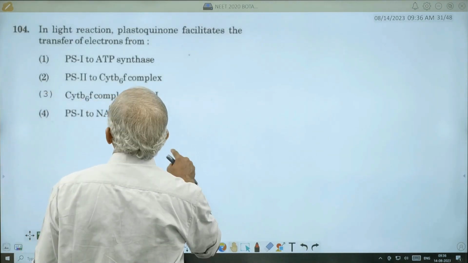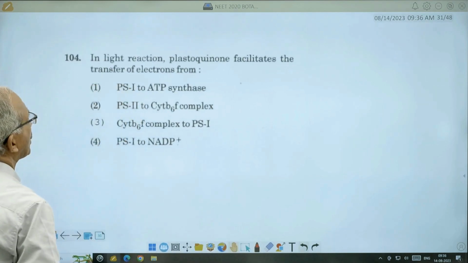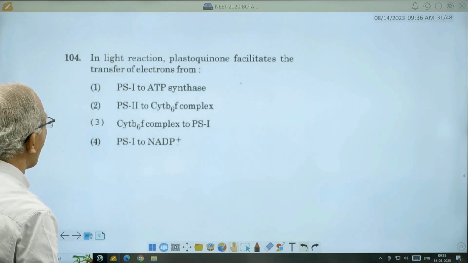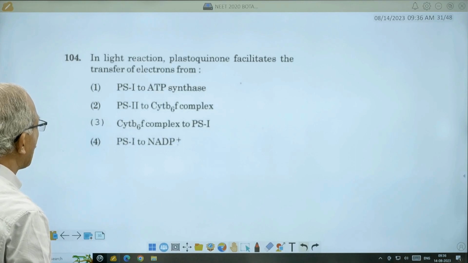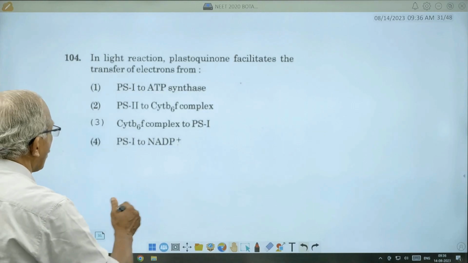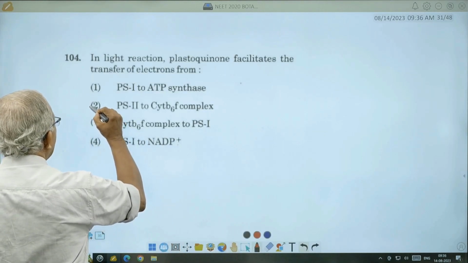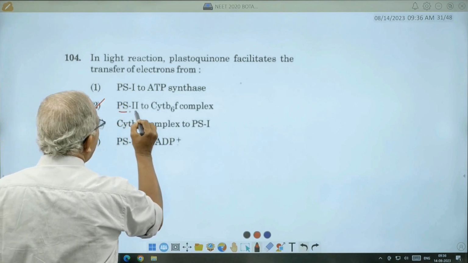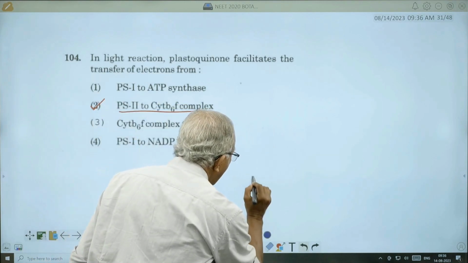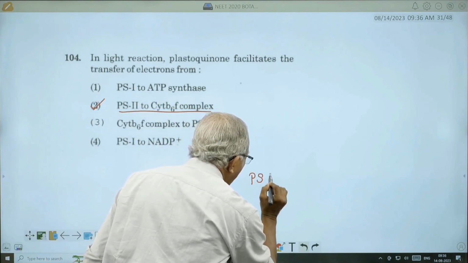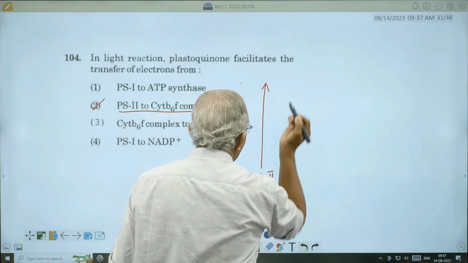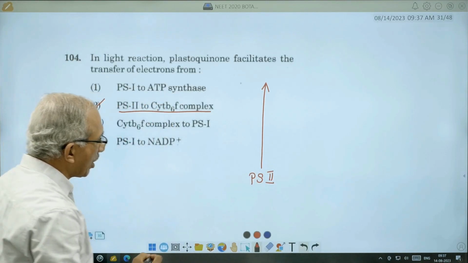Next, in light reaction, plastoquinone facilitates the transfer of electrons from. Answer is 2, from PS2 to cytochrome b6f, because PS2 participates in the non-cyclic electron transport.